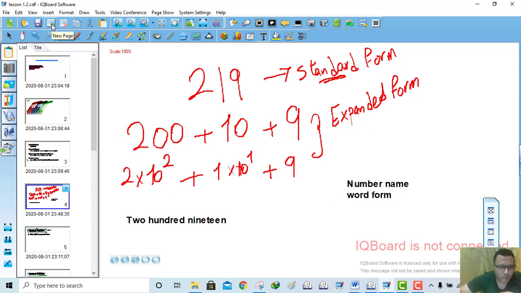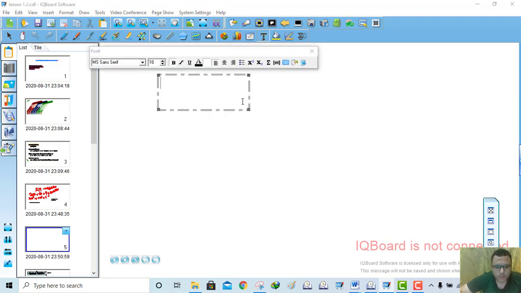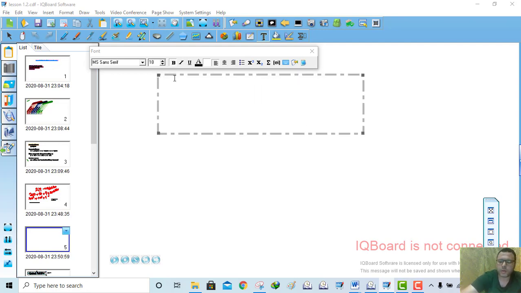Let's take one more question which will be larger, a little bit bigger. We have here this number, with a comma, here 8 and here 9, and here is a comma again, here 3 zeros.